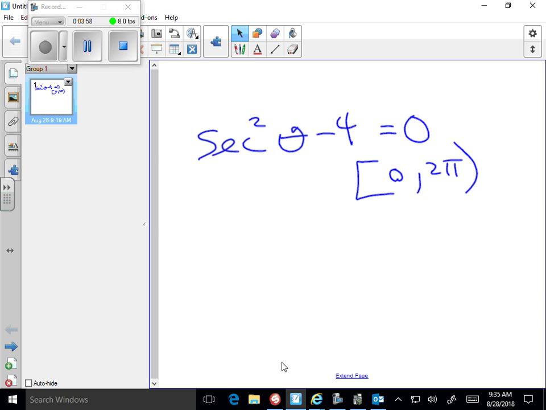Now flip those. Flip them. Cosine equals 1/2. We have pi over 3, 2 pi over 3, 4 pi over 3, 5 pi over 3. Very nice.